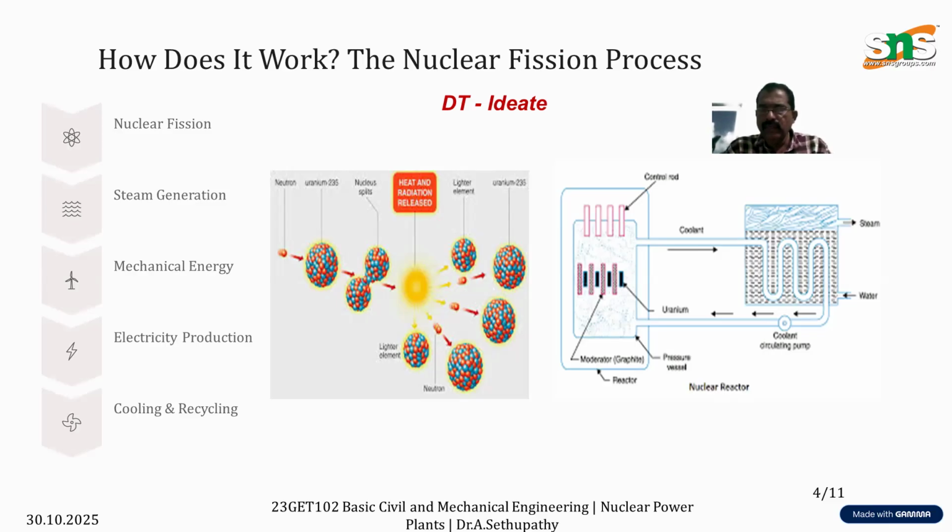The steam will be generated from the steam vessels and sent through turbines, and that mechanical energy will be converted into electrical energy through generators. The cooling cycle will be circulated around the pressure vessel. So this is the working principle, and the fission action is clearly shown in the picture.